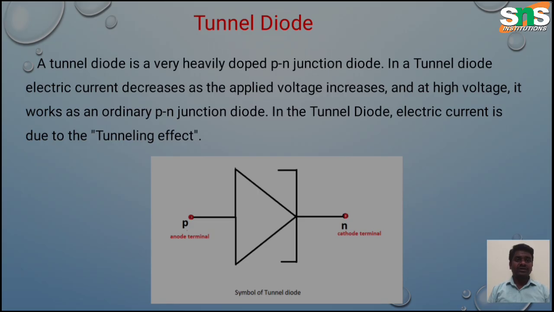First of all, what is a tunnel diode? A tunnel diode is a very heavily doped p-n junction diode. In a tunnel diode, electric current decreases as the applied voltage increases, and at high voltage it works as an ordinary p-n junction diode.